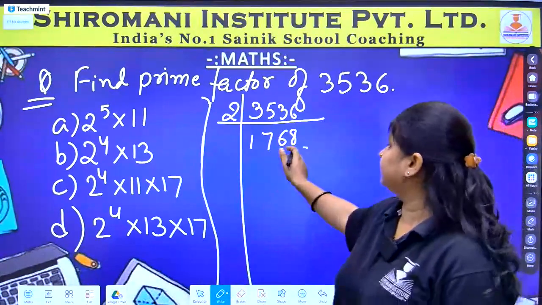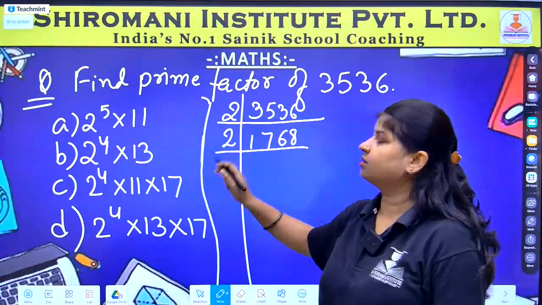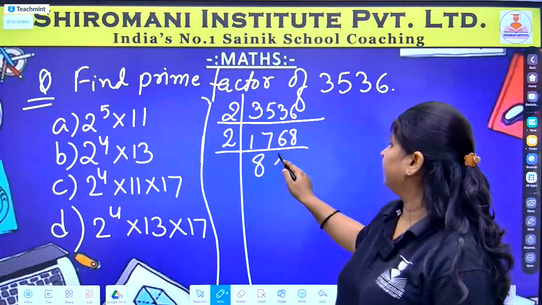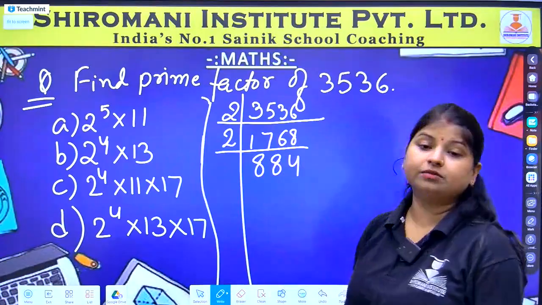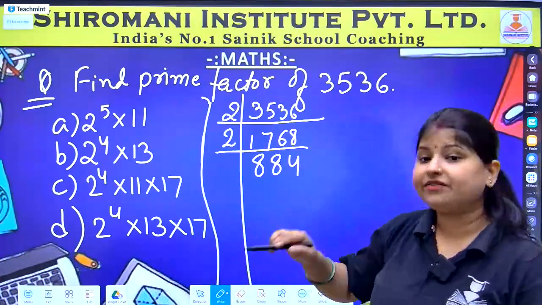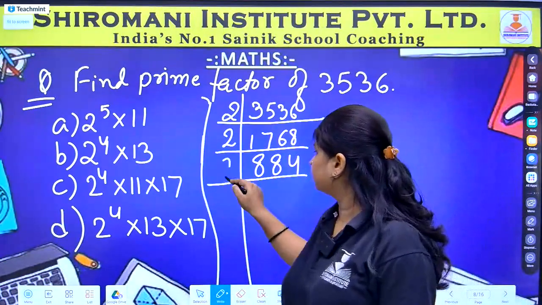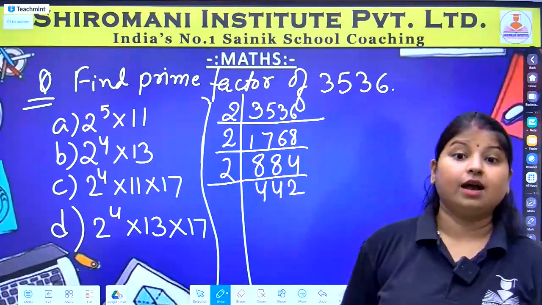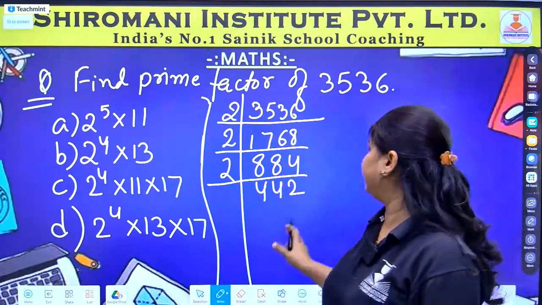Now, again, this would be divisible by 2. 884. Again divisible by 2. 442. Again divisible by 2.